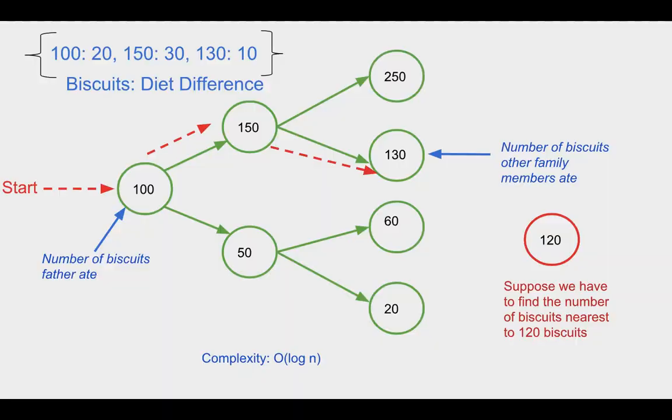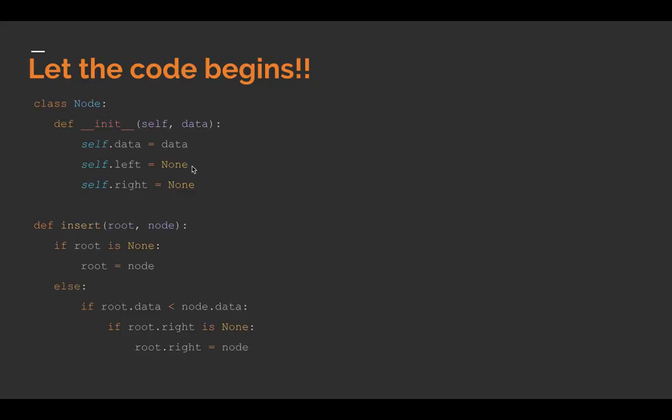And we can see that the node has three properties: the data, the left link, and the right link. So for each node we will be having the data, the left node and the right node, and in the starting the left and right nodes will be null.